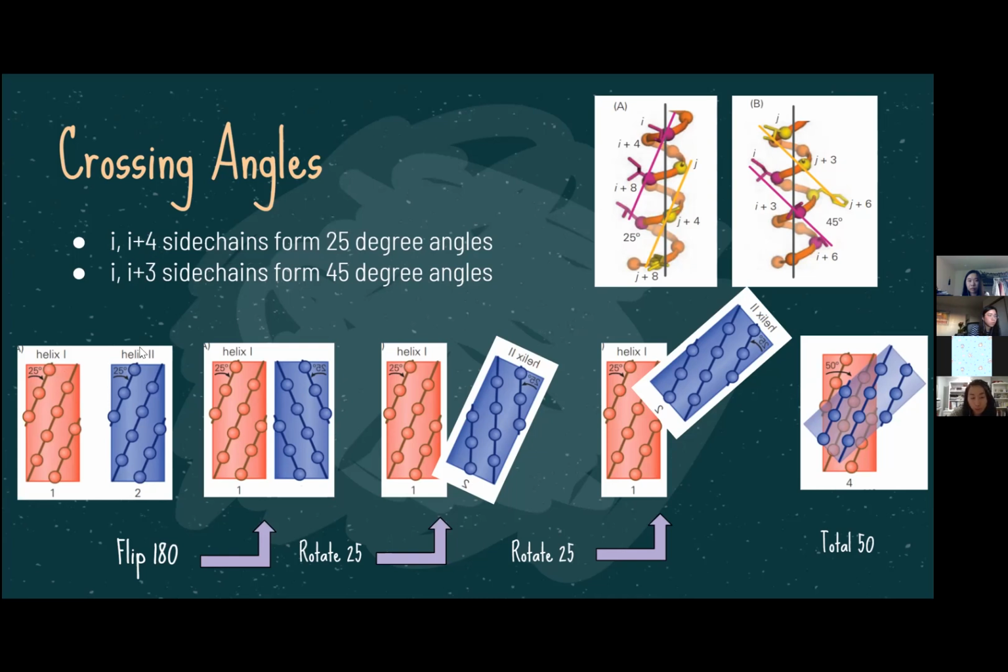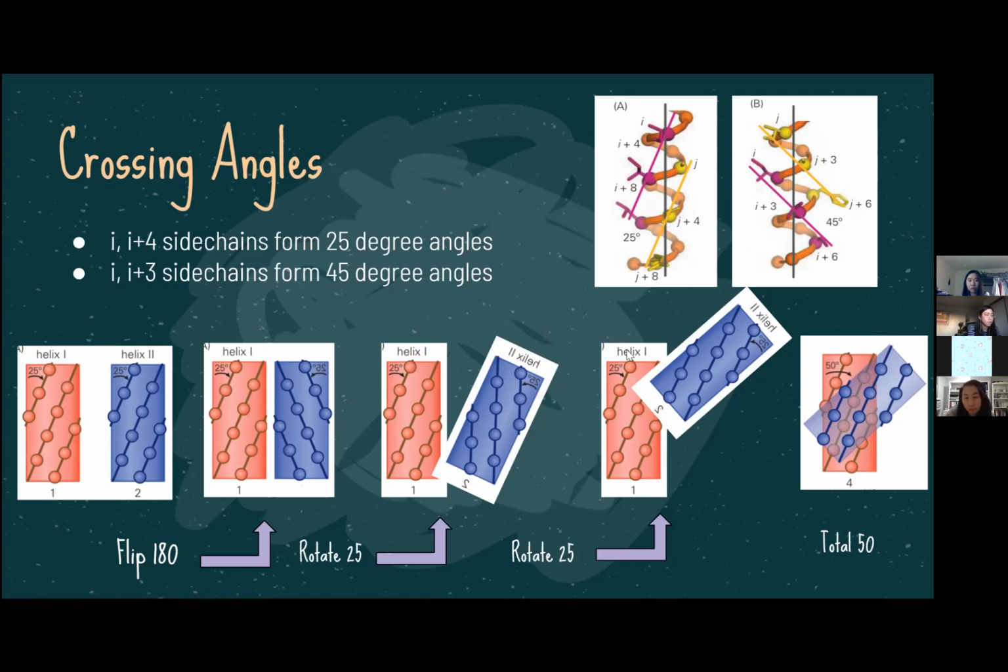To see how these two will pack together, first we want to make sure that the two interfaces we want to be interacting are facing one another. So first we're going to flip this helix so that this is the side that will interact with that one. And we see that now we have to line them up. If we rotate the blue one 25 degrees, it'll be perfectly straight, but that won't really align into the ridges and grooves that helix 1 is creating.